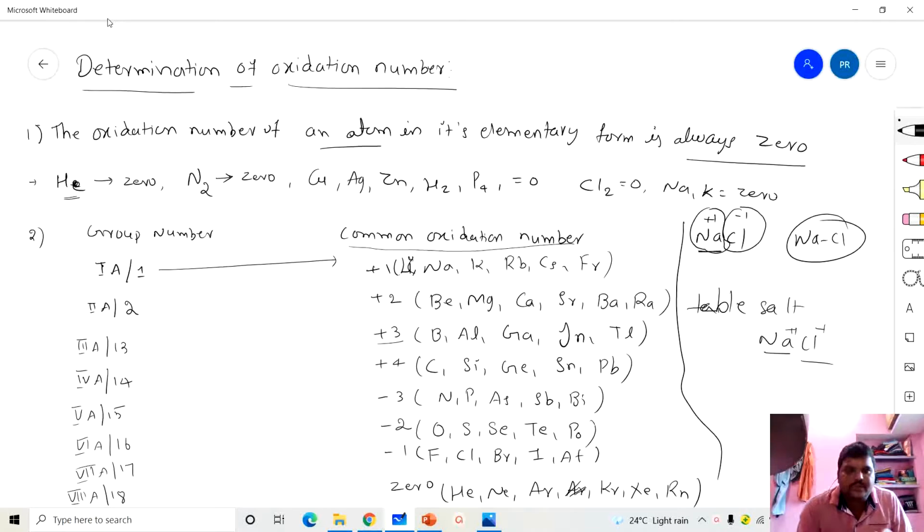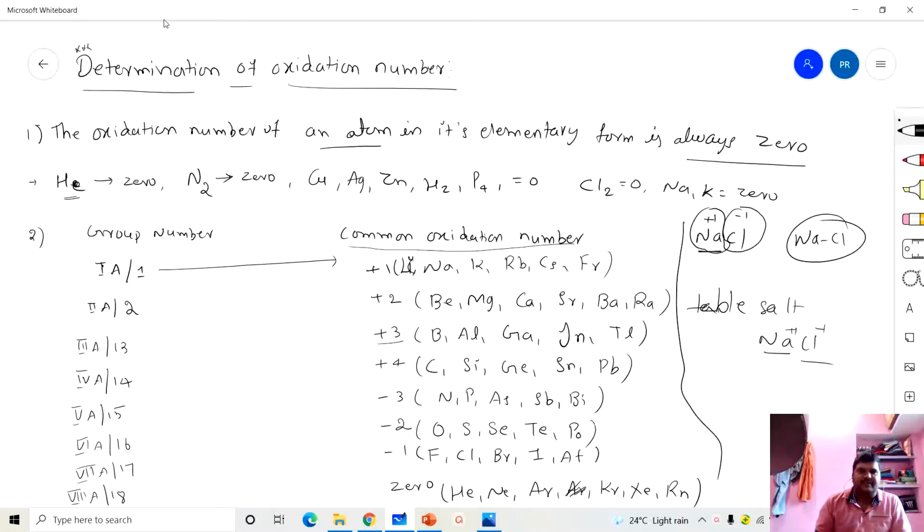So these are a few methods. Only 1 and 2 I am explaining today. Next class I will explain a few more points regarding determining the oxidation number. First one, the oxidation number of an element in its elementary form is always 0.